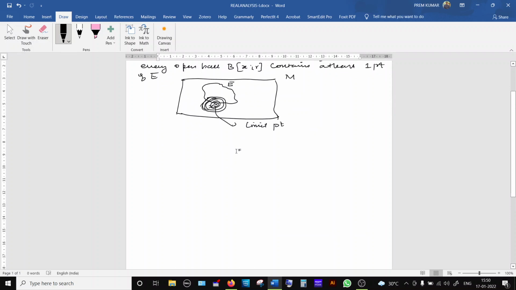We can write this statement in a different way. This also can be asked in the examination.